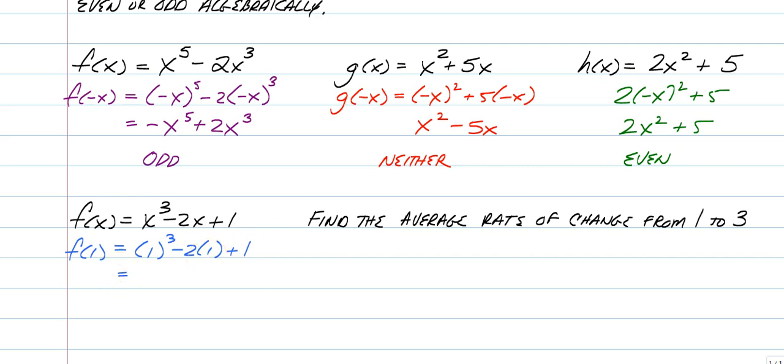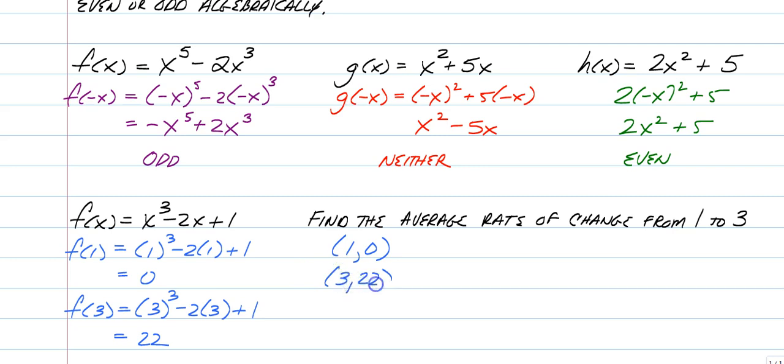And that's going to be equal to 0, because 1 minus 2 plus 1 is 0. And then you do the same thing for f of 3. We're just going to do 3 cubed, which is 27, minus 2 times 3, plus 1, and that is going to give us 22. So what we have here is when we plug in 1, that gives us the coordinate 1, 0. And when we substitute in 3, we get 3, 22.